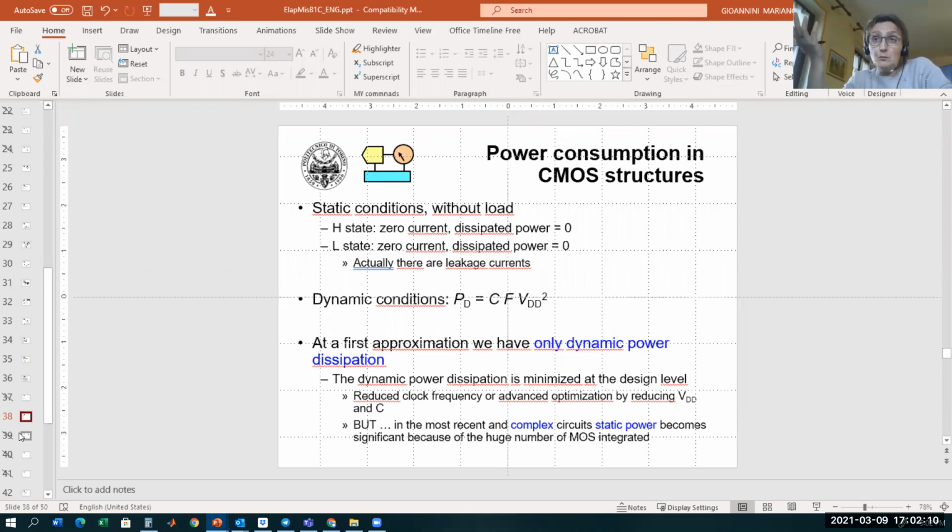If it increases too much, the circuit cannot work well. So the single component, the single MOS, does not work well. So if you consume too much power, you must also be able to dissipate the heat. So you must be able to cool down your circuit and keep it at a constant, reasonable temperature to make the circuit work correctly.